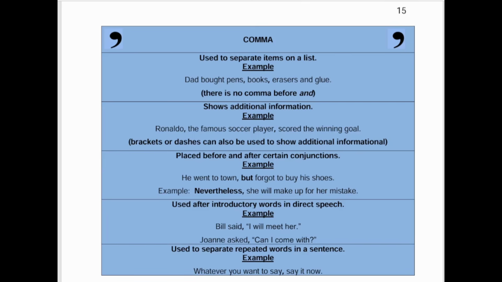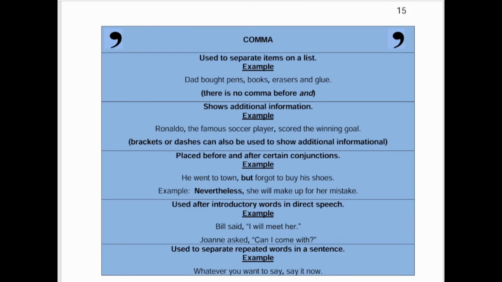So you may find a statement that has added information that is unnecessary. To separate that added information, you have to place a comma. A good example: Ronaldo, the famous soccer player, scored the winning goal.